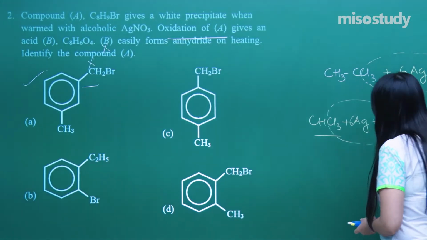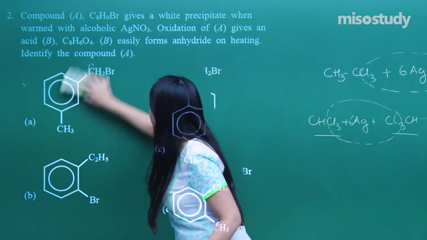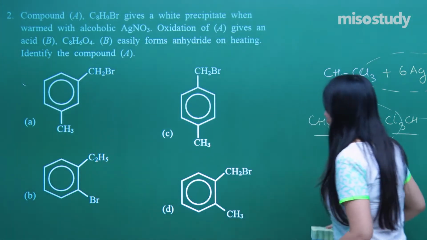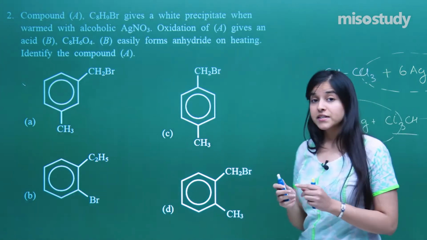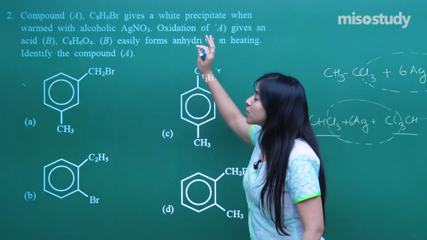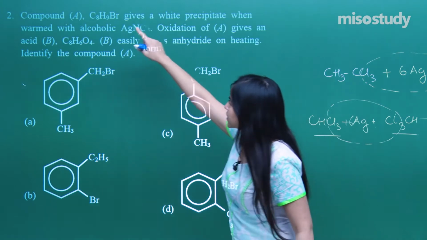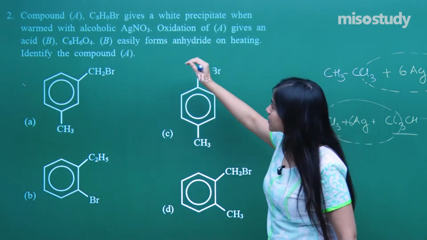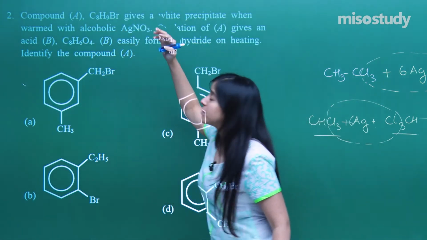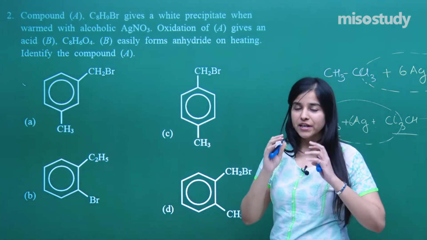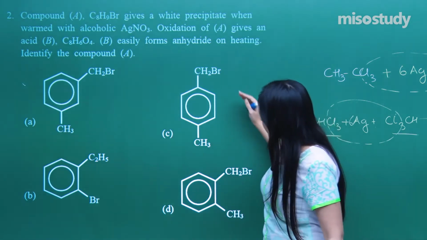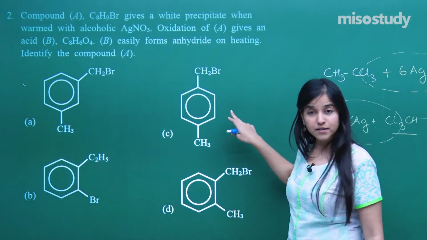What do we have? Again a pretty simple question, but it requires proper use of reagents. So I have got compound A. What is the compound A? C8H9Br. So you do not have to guess what compound it is. It actually involves any of these compounds.